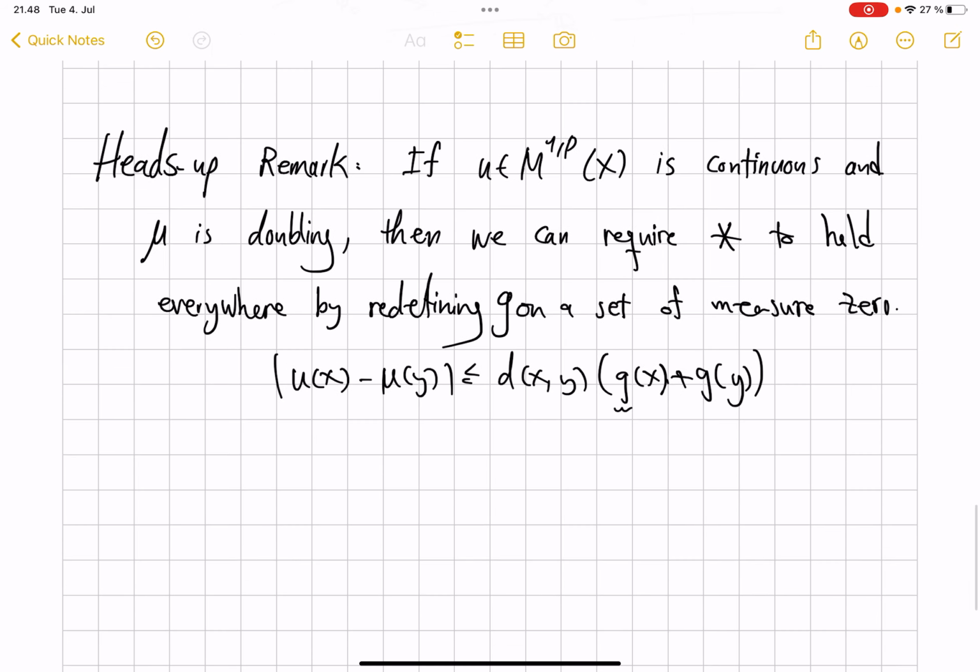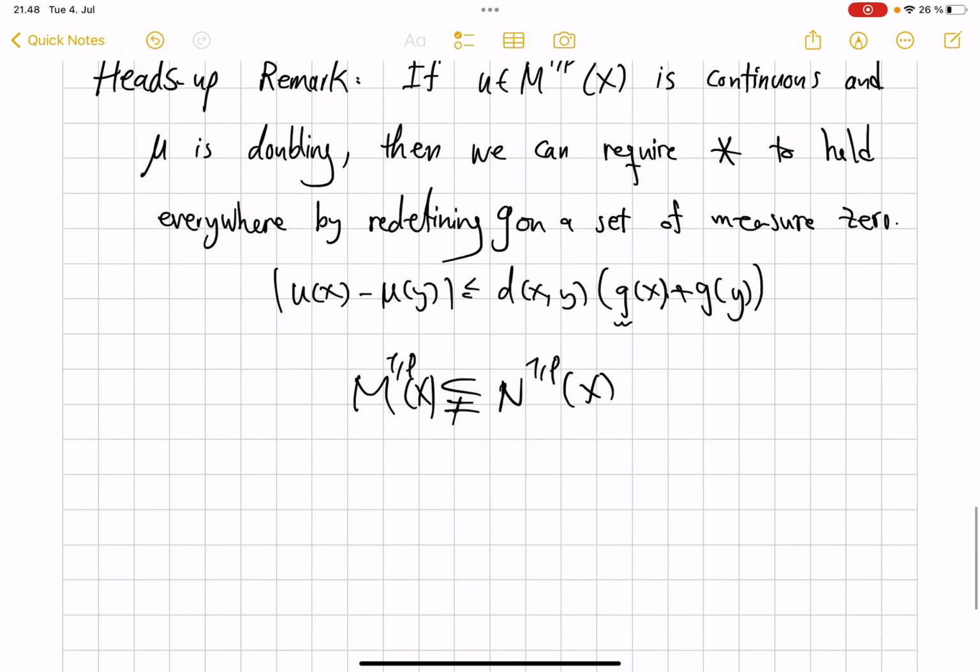And also when we later define the Newtonian space, we will see that the space N^{1,p}(X) always contains M^{1,p}, and it very easily happens that this is strict. For example, if you have the snowflake with no rectifiable path, this will be just all of L^p.